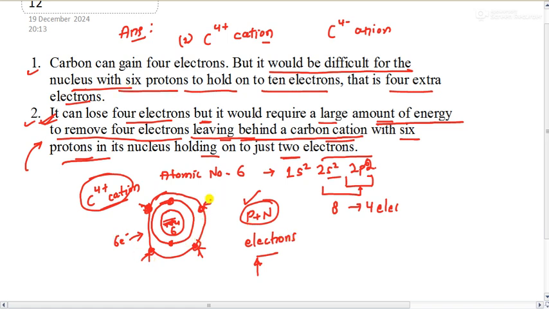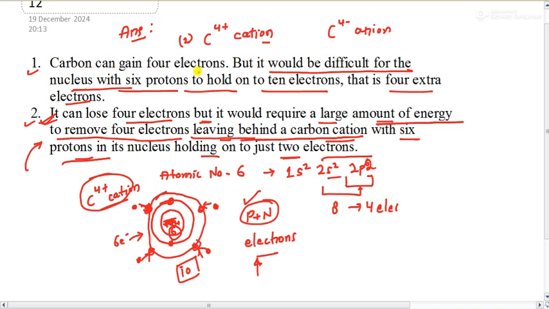Second is, why can't it get 4 more electrons? If I am adding 4 more electrons, the protons remain the same, but the electrons will total 10, correct? That is what has been written here.